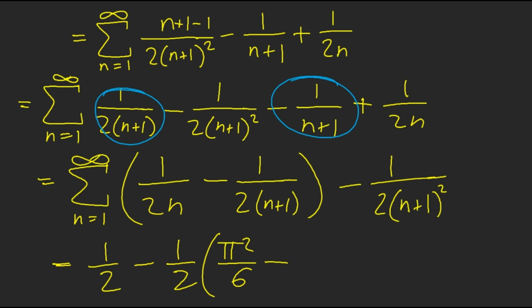Yeah. And so now our full answer is 1 minus, oh yeah, because the negative 1 distributes, yeah. So 1 minus pi squared over 12.